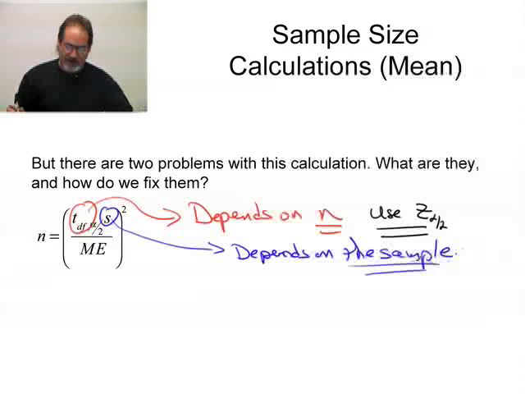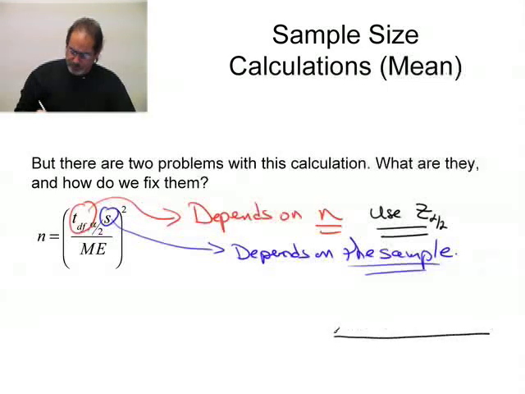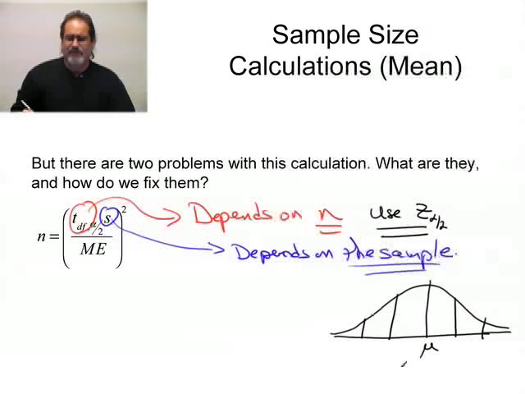Now, the way we're going to do that is think about the normal curve for a moment. The mean, if I go out 1 standard deviation, 2 standard deviations, both directions, I have 95% of my data should be in there. 95% of the population should be in there if this is a normal curve.